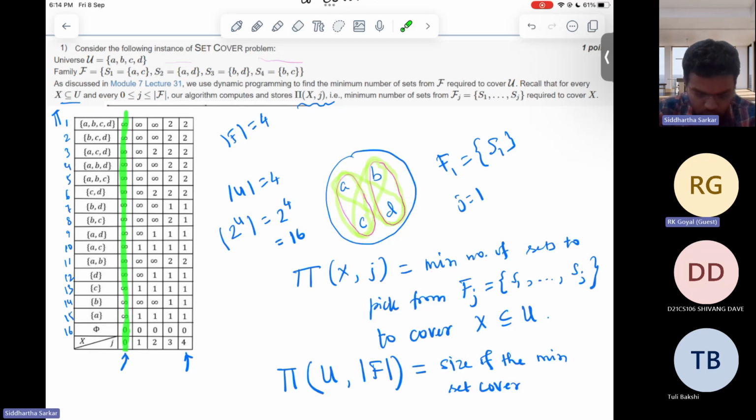In this column, if you're not covering anything, that is phi, then the corresponding entry is 0. But if you want to cover even one of the elements of the universe, then you don't have a feasible solution, because F0 is essentially nothing.